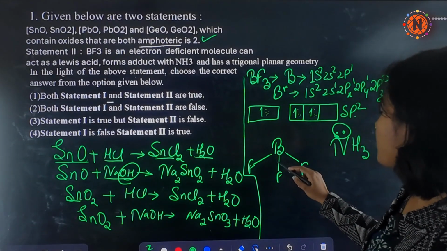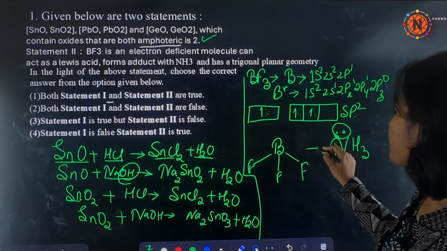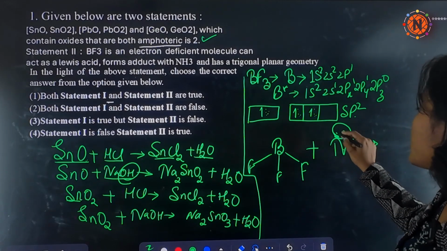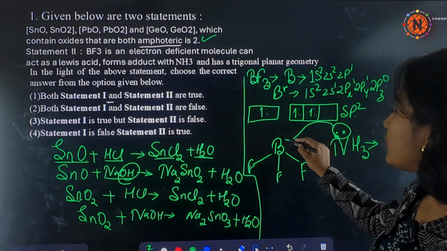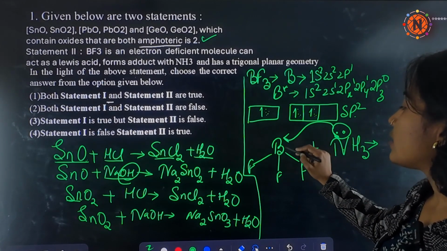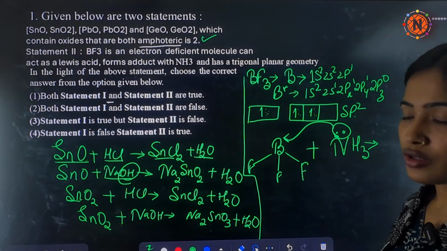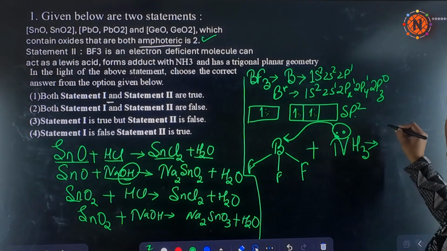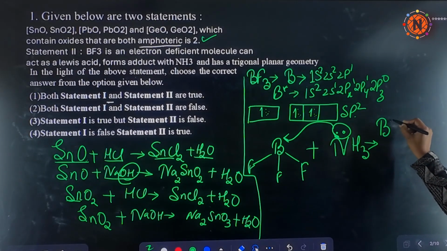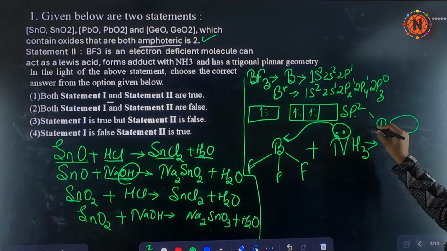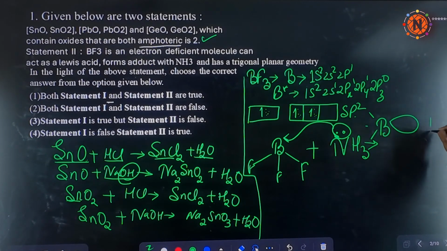Whenever this BF3 comes in contact with ammonia, the ammonia will act like a nucleophile and attack this electron deficient molecule. By this it will form a structure in this manner.